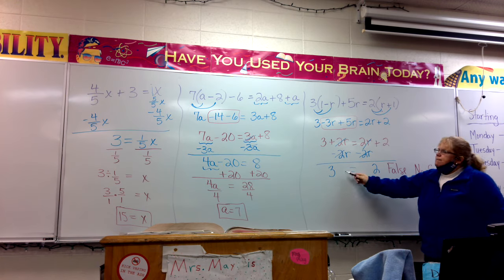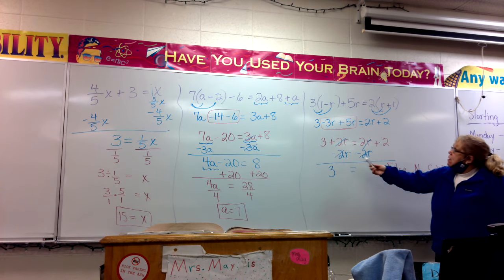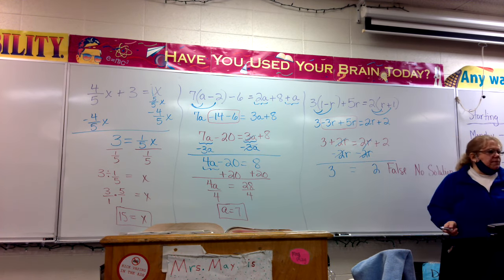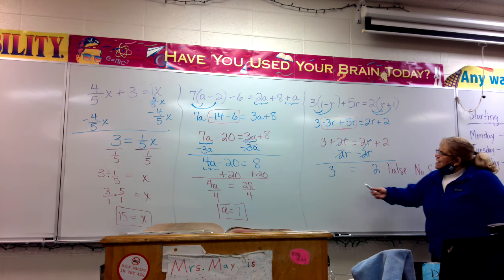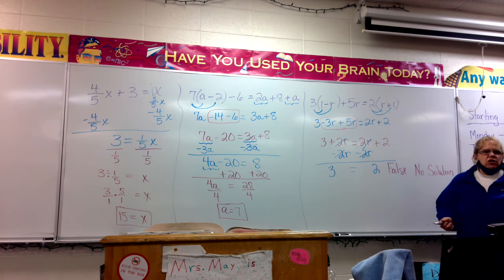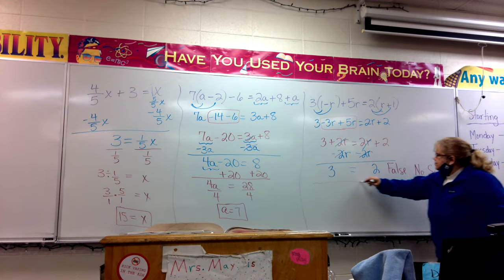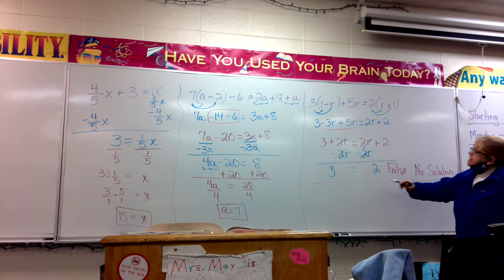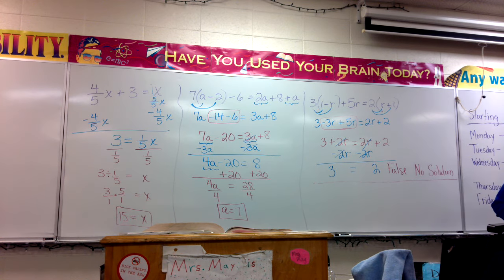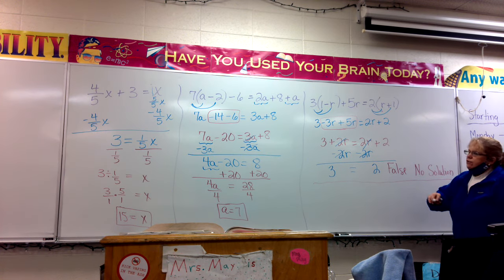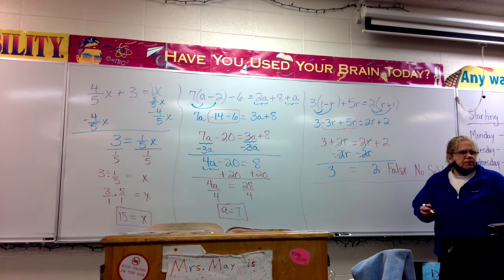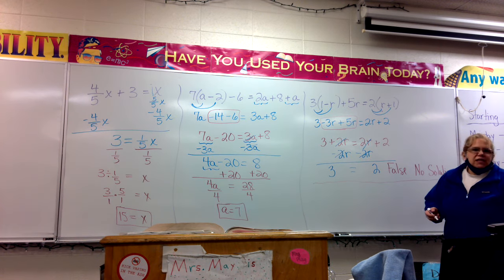If your variable drops out, do you see how our variable is gone? The r's drop out. If the variable drops out, you have to look at what's left. If it's something that's false, then there's no solution, because there's no way 3 is ever going to equal 2. Something else could happen.